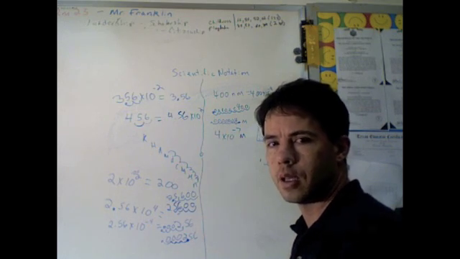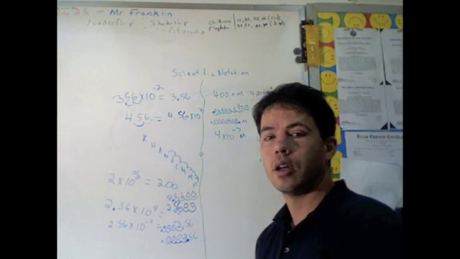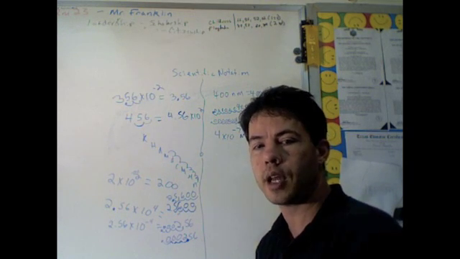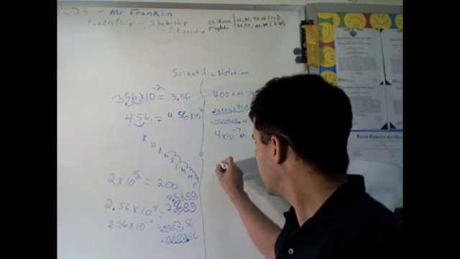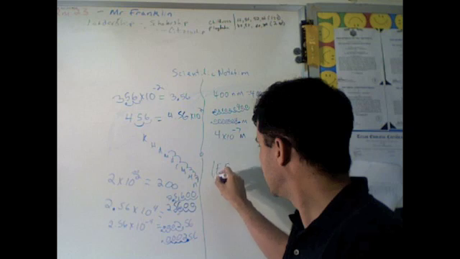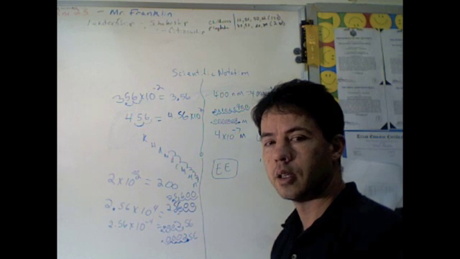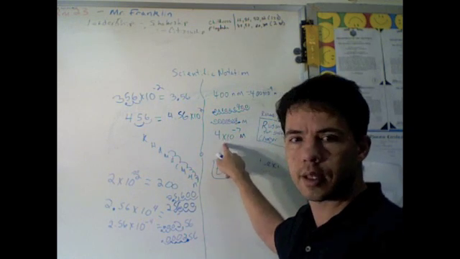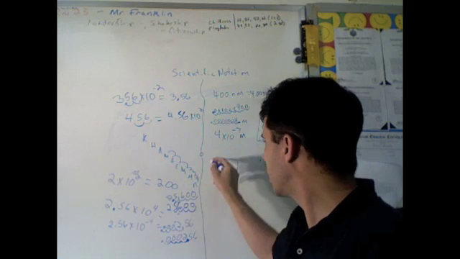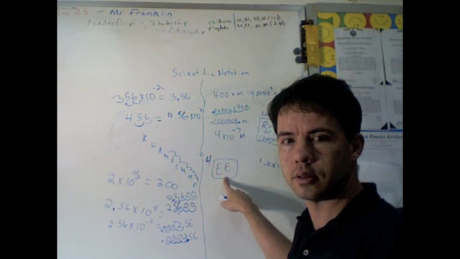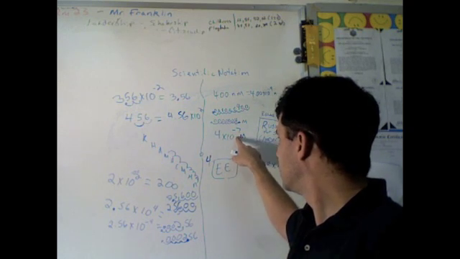Alright. That was a quick review of scientific notation. When you're doing scientific notation in your calculator, the double E button is your exponent button. So let's say, for example, you're going to type this in the calculator. You would go 4, double E button, 7 negative.